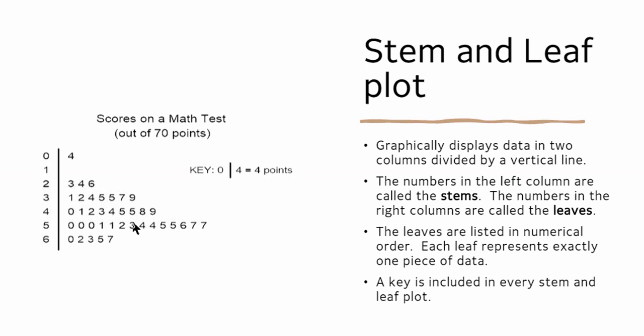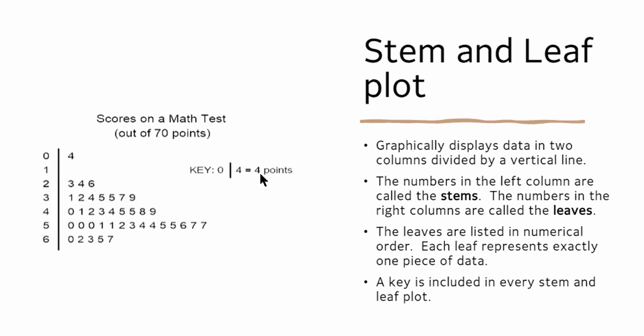Okay? Now, before I go on any further, let me talk about what this actually means. There's always going to be a key with a stem and leaf plot. And so what we're looking at are scores on a math test out of 70 possible points. So the key tells us that the 0 is the stem, and then there's this line, 4 is the leaf.